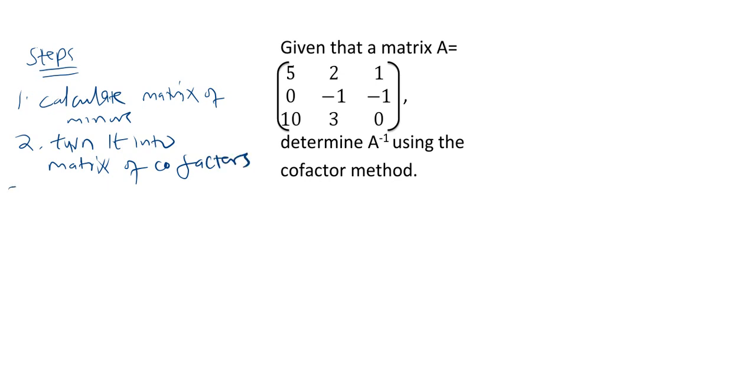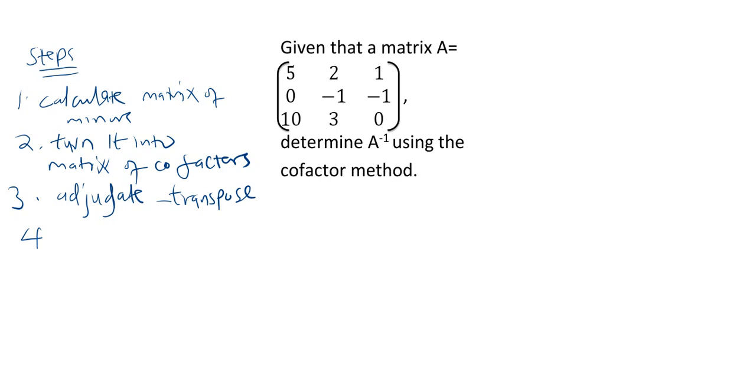After that, in step 3, what you got in step 2, you change it to what we call the adjugate. Adjugate just means transposing. You transpose the matrix in step 2.